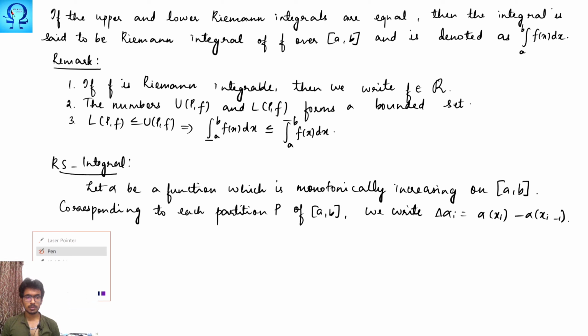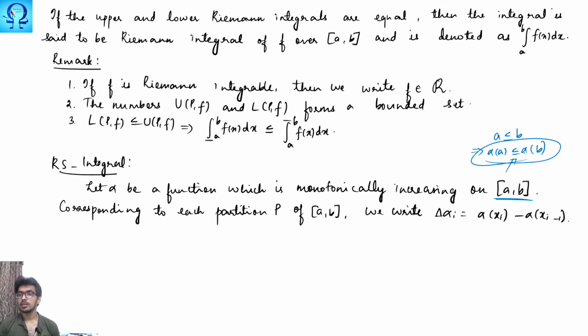It is monotonically increasing, which means from this interval itself you know that a is smaller than or equal to b, so alpha of a will be smaller than or equal to alpha of b, and alpha of a and alpha of b have to be finite values. Therefore, alpha is bounded in [a, b].